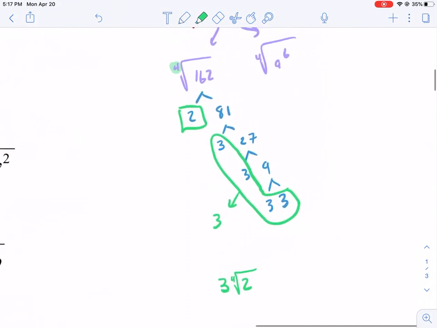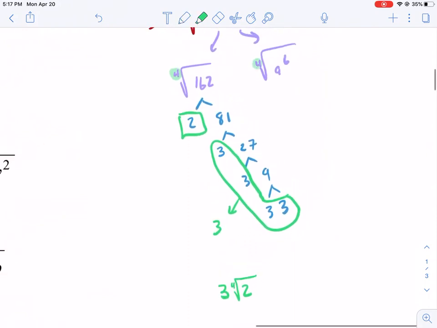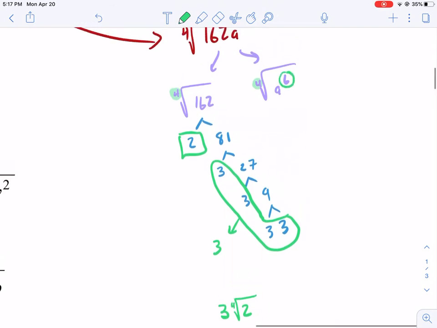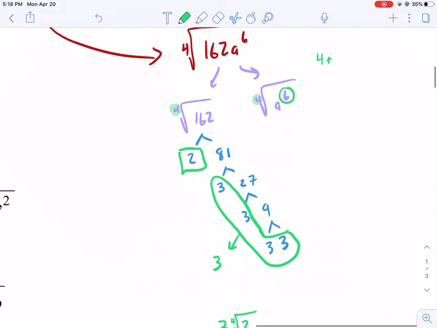Now, we have a 4 here. So we're going to think of what is the biggest number that's divisible by 4 that fits into 6. So what numbers added together, okay, give you 6? The biggest number is 4. That's divisible by 4. 4 plus 2 equals 6.